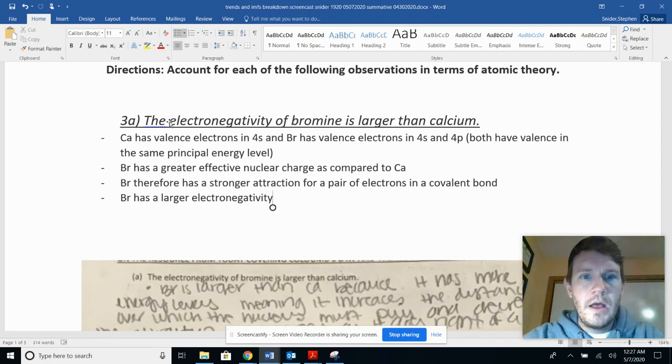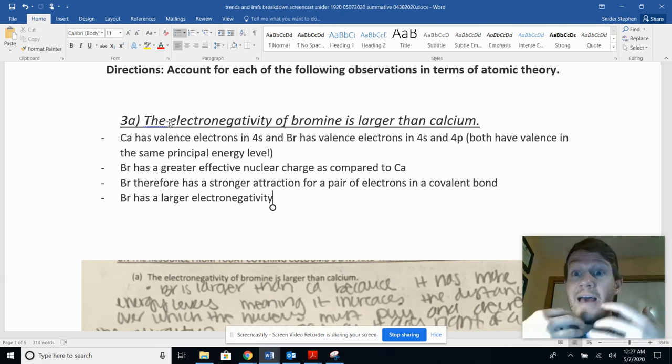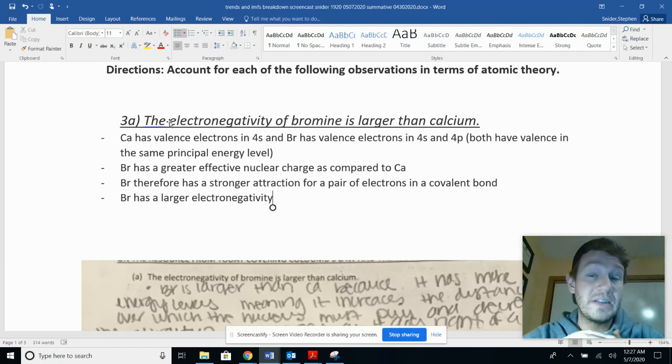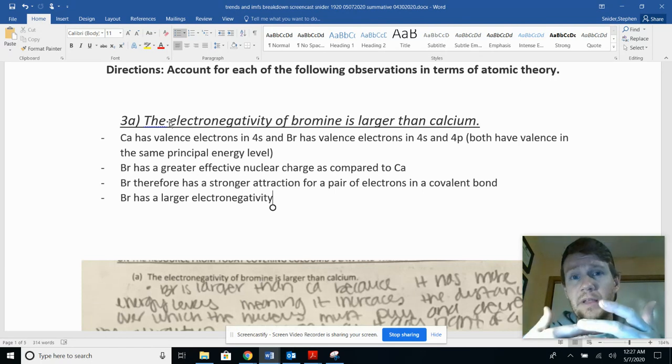Okay. All right, so the first thing I want to do is identify, whenever we talk about trends, the first thing you have to do is identify the elements in question, the two species we're going to be looking to compare: what do they have in common and what is different about them. There's really only two things we need to account for.